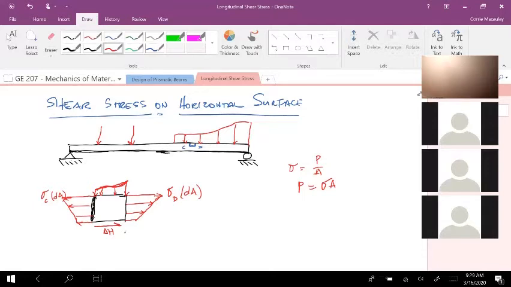So you expect to see some force acting along the longitudinal surface of that beam. And if we call this delta X, that distance here, just a small change in the horizontal direction, we know this is C, we know that's D.